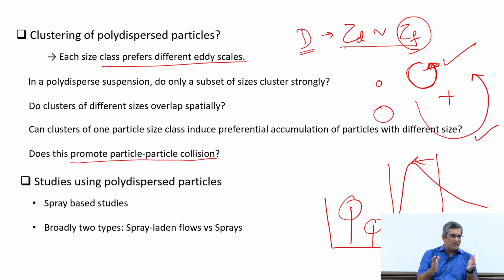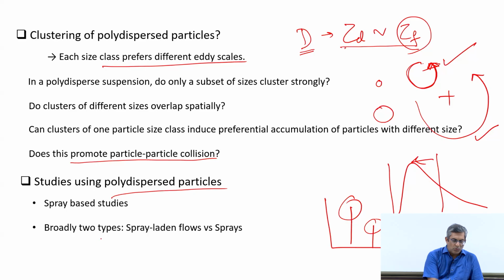So, you can use a size distribution with a very narrow band of particle size. All the results that I had shown earlier correspond to monosize particles. Here, spray based studies refer to cases where, inherently, in most sprays you have a broad distribution of particle size. So, those studies which use sprays have this effect present.